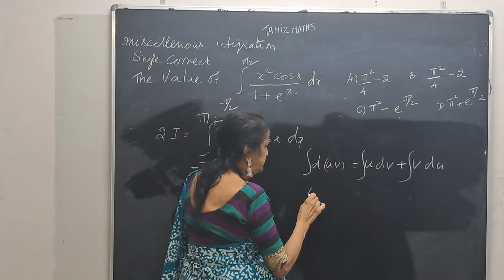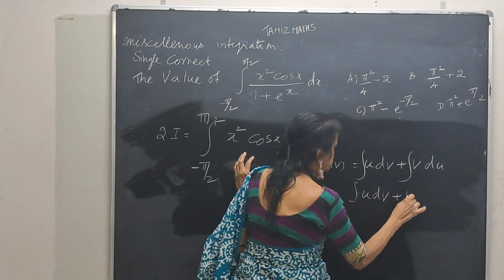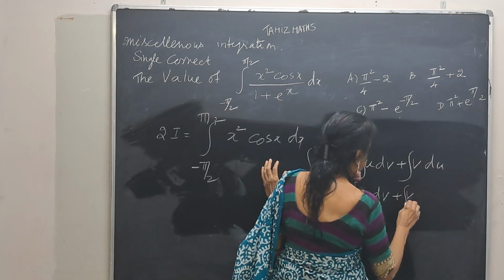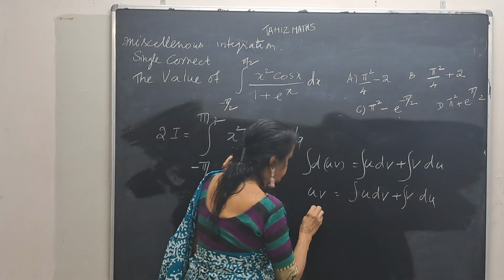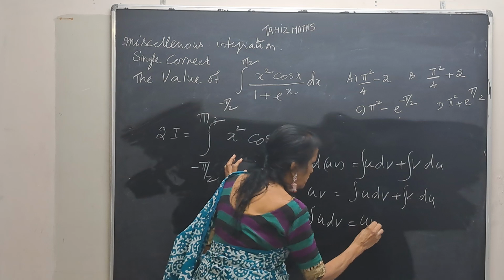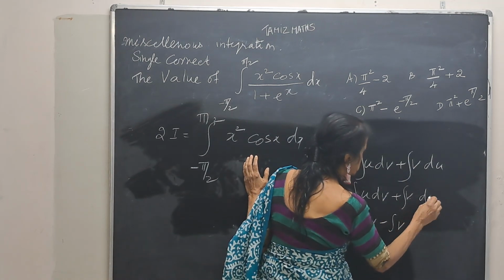Integral of d(uv) is uv. So integral u dv is equal to uv minus integral v du.